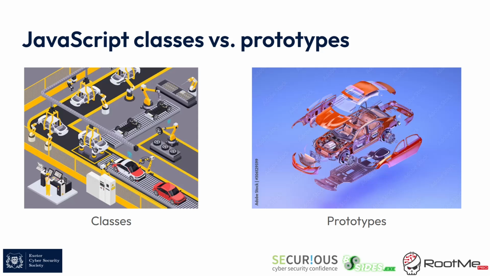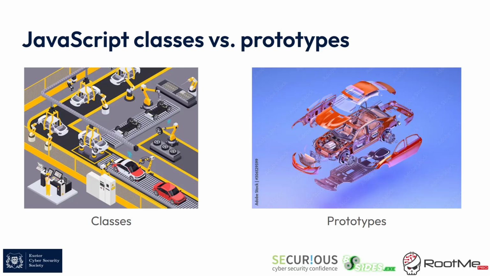So what are classes versus prototypes? TryHackMe has a really good analogy here, and it says that classes are more akin to using a blueprint to manufacture the exact same object each time. Classes are very structured pieces of code. You can define things that are supposed to be applied across all objects, and you can set very strict parent and child classes where you want defined inheritance to happen.